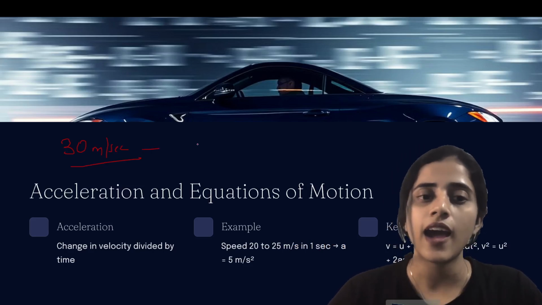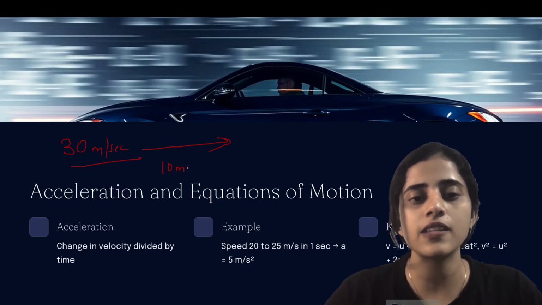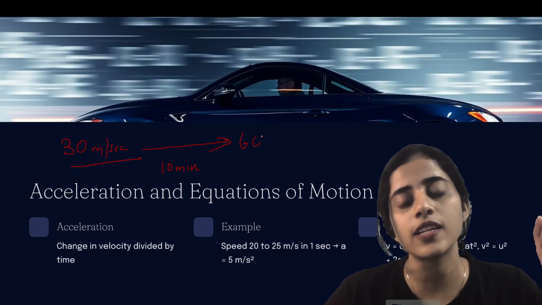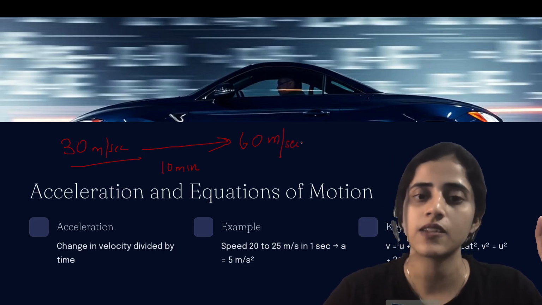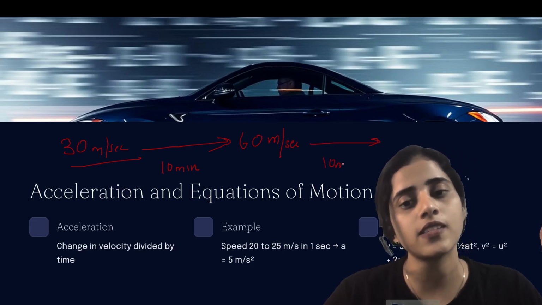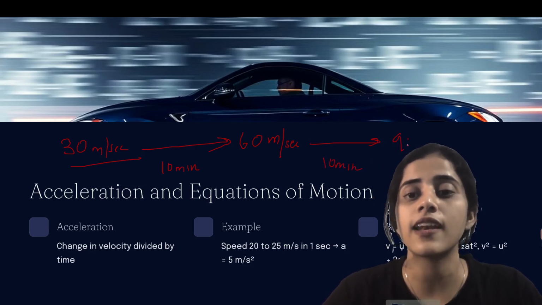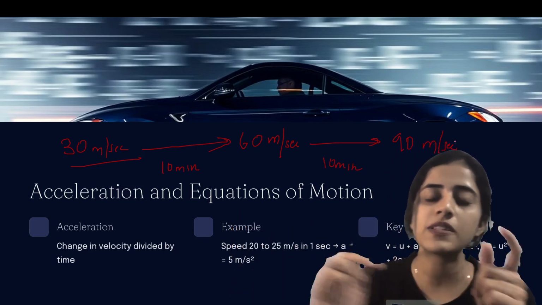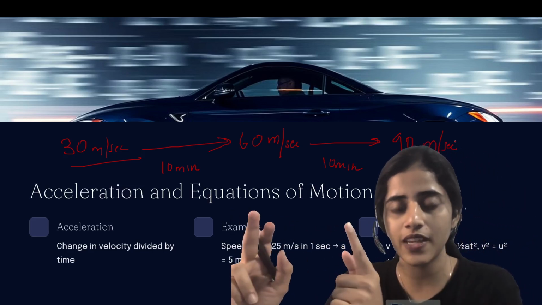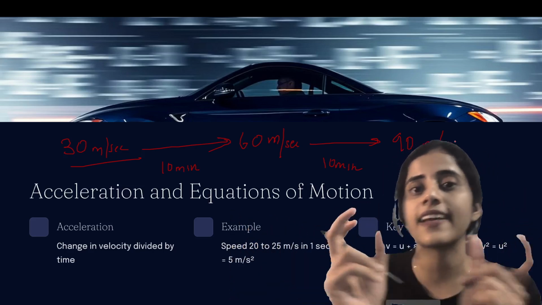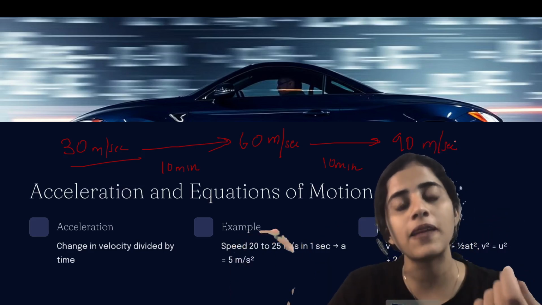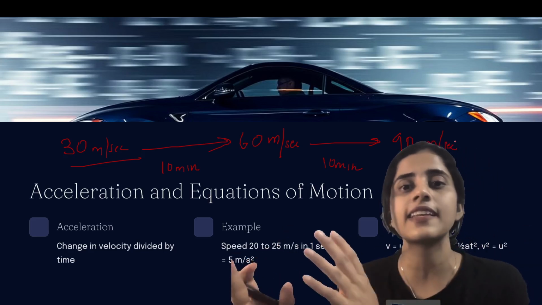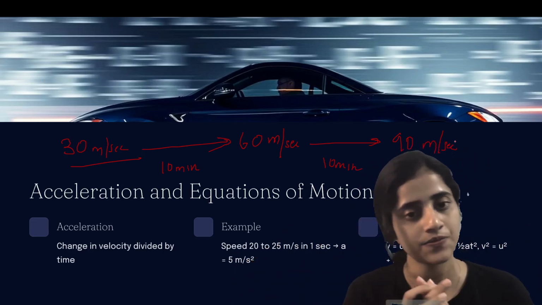After 10 minutes, you're pressing the accelerator. Now the car is going at 60 meters per second. Now again after 10 minutes, the car is going at 90 meters per second. So this just goes on. So what happens here? The speed is increasing at regular intervals of time. So you are basically accelerating. So when the speed is increasing, you are accelerating.